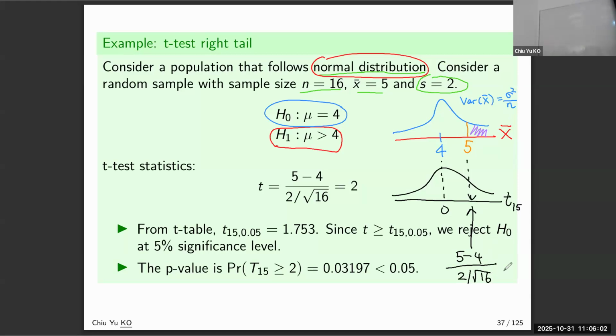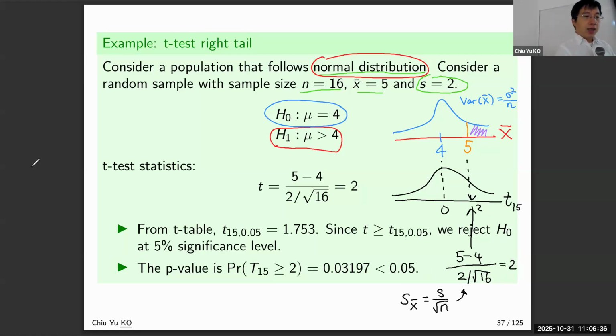Because s over root n is the SE, the standard error of the mean, s X bar, will be s over root n. So this is how it comes about. And the denominator is again 1/2, so this is still 2.